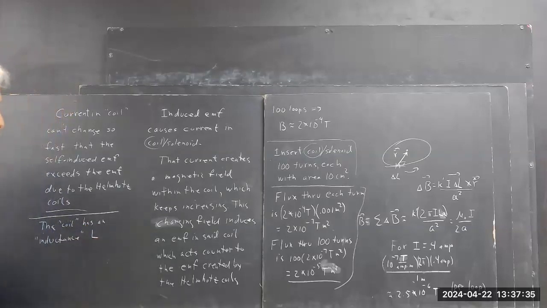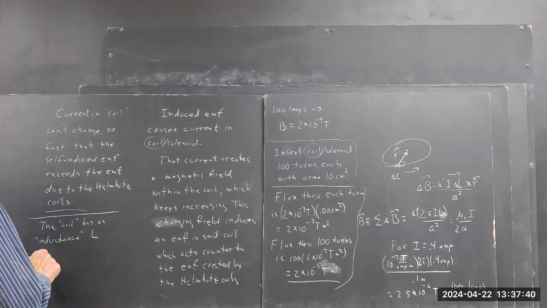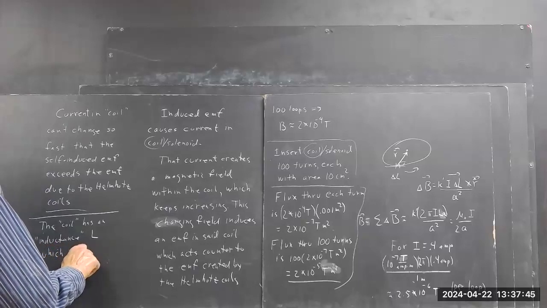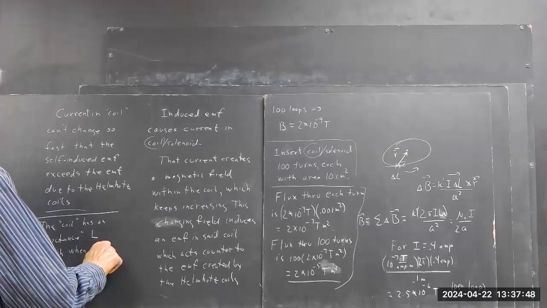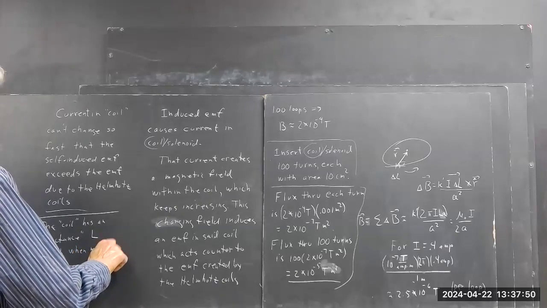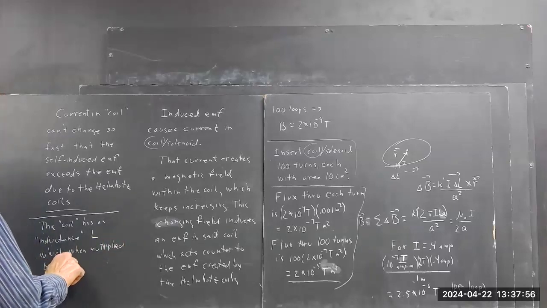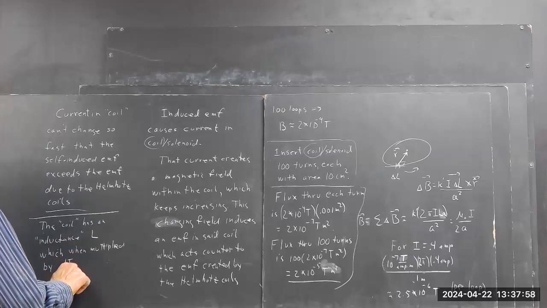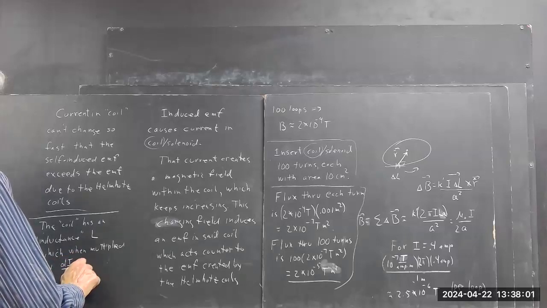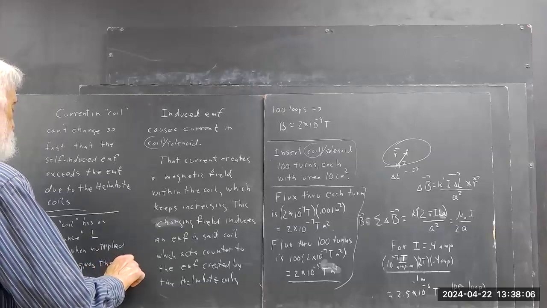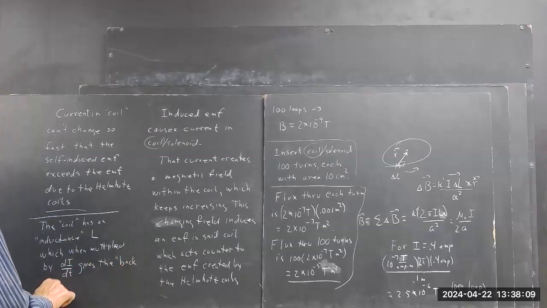The coil has an inductance L, which when multiplied by di/dt gives the back EMF.